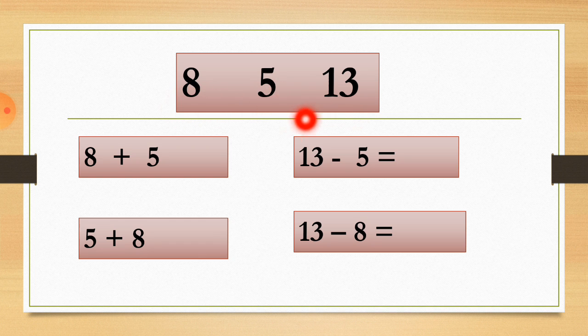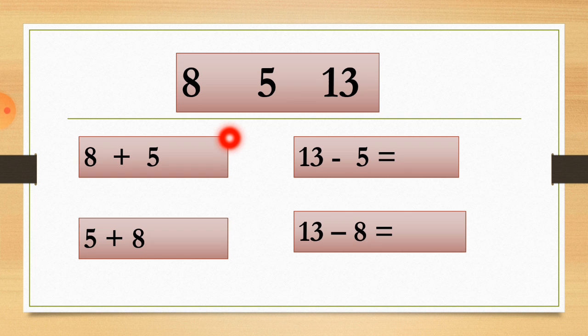That's why this is the family, students. Whatever numbers you take as a family, this is the addition of the family numbers. Here 8 plus 5 is equal to 13. This is the addition between these two numbers. That's why this is the family number. Just keep this in your mind.